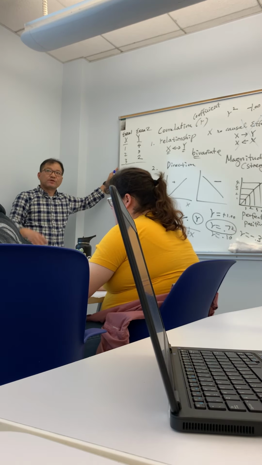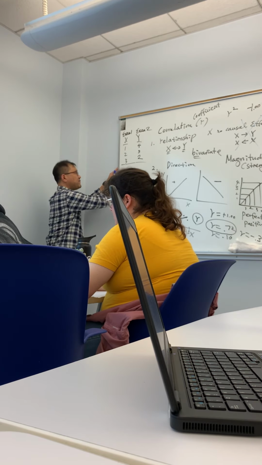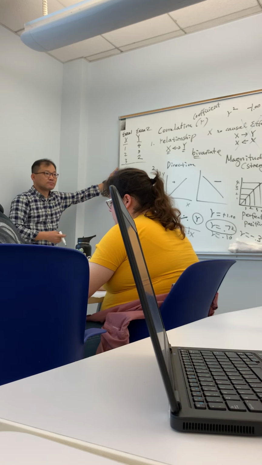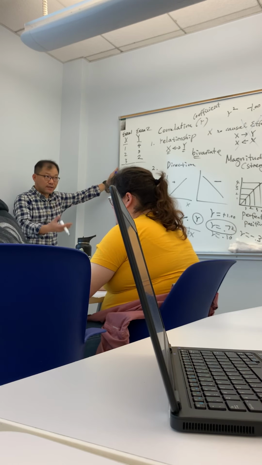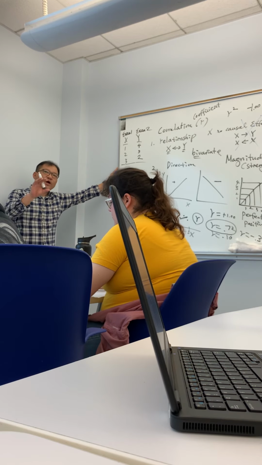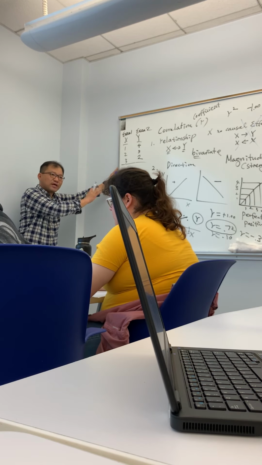What if you have 50 paired number sets? What would be the degrees of freedom? 48. Good? 48. Next, where do you put that information?